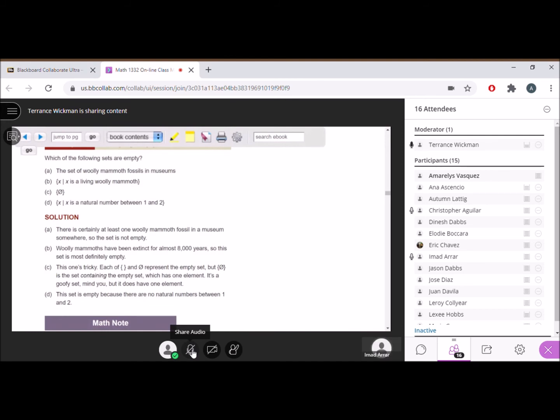So in B and D, I don't understand when there's the X, there's that line, and then there's another X. What does that line symbolize? This says X, such that X is a living woolly mammoth. This is the set of all X such that X is a living woolly mammoth. This line means "such that."